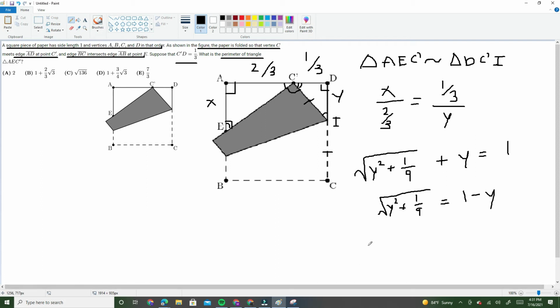And then we can square both sides to get y squared plus 1/9 equals 1 minus 2y plus y squared. The y squareds get canceled out. If we take the 2y to the other side, and the 1/9 to the other side, we get 2y is equal to 8/9, which means that y is equal to 4/9.